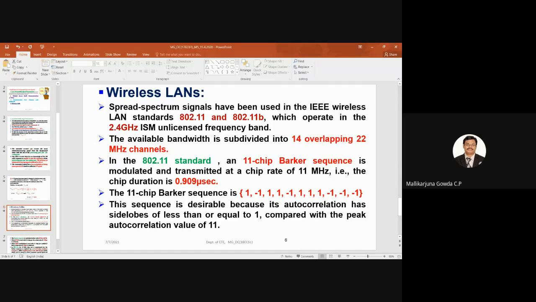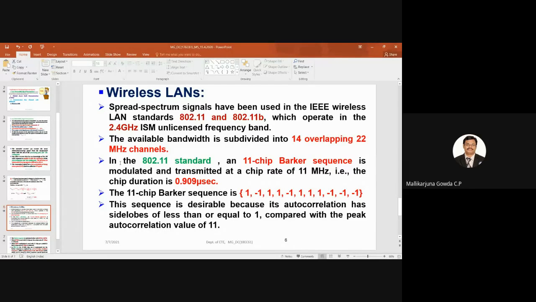Let us assume that some amount of bandwidth is available. So what I said here is the available bandwidth is subdivided into 14 overlapping 22 megahertz channels. Okay, means each channel bandwidth is 22 megahertz. They are overlapped. Even I can show the diagram. I will come back to that.